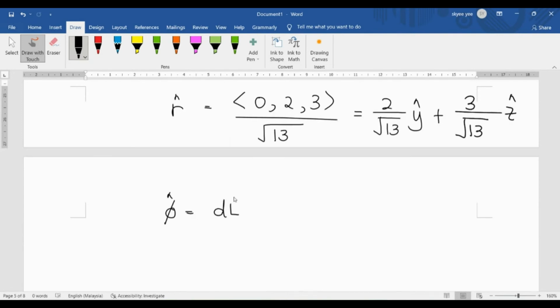This will be the cross product between the length and the r. The current filament flows in the positive x direction, so you have positive x, and cross product with this. You have to take the whole thing.